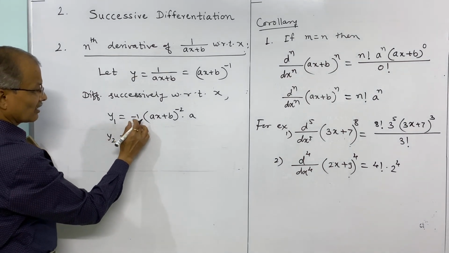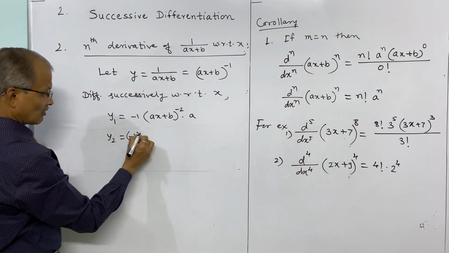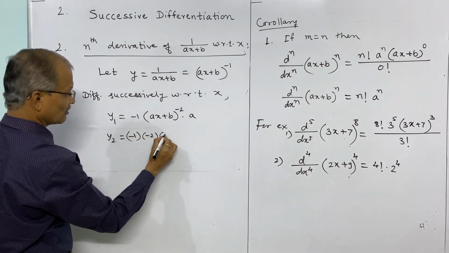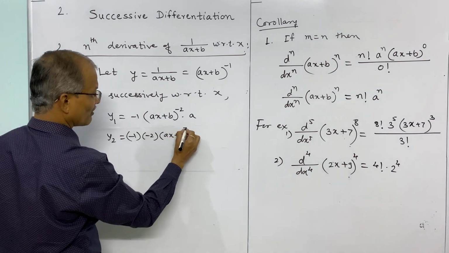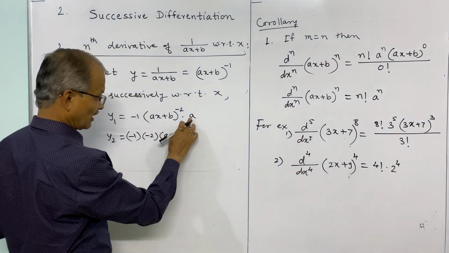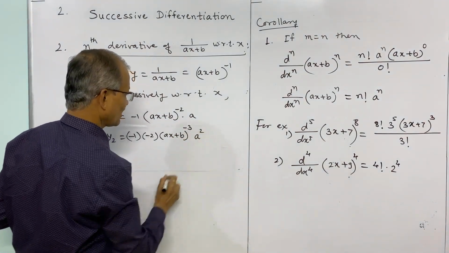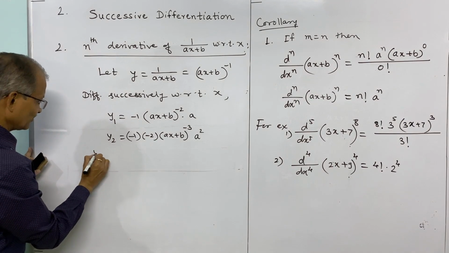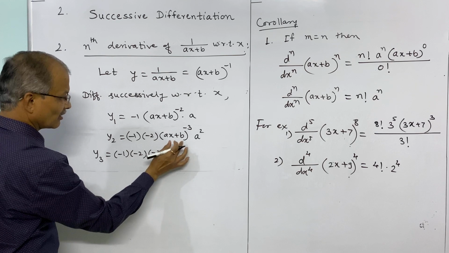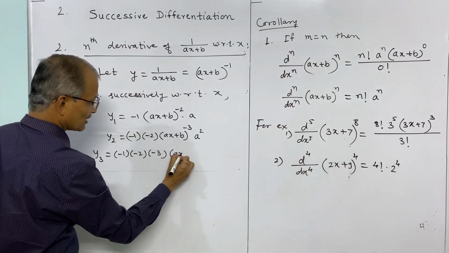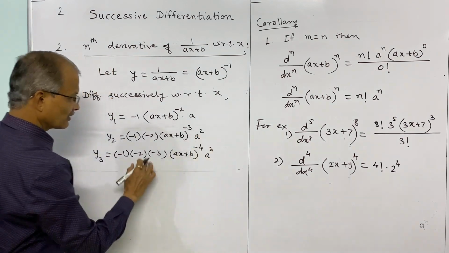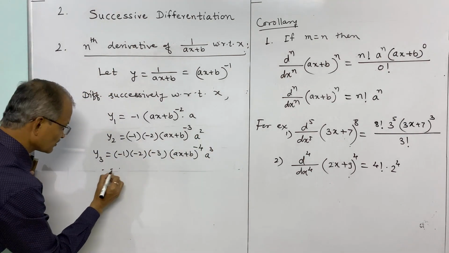Minus 1 is constant, the derivative of this function is minus 2 into (ax+b)^(-3), minus 1 minus 2, and into a, into this a, that is a square. And likewise y3 will be minus 1 minus 2 are constant, the derivative of this is minus 3, (ax+b)^(-3-1), that is minus 4, into a square into a, that is a cube, and so on.